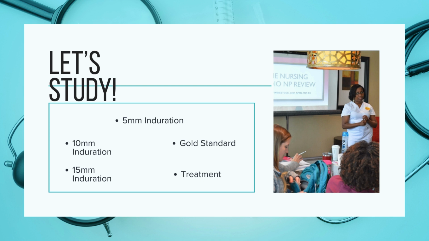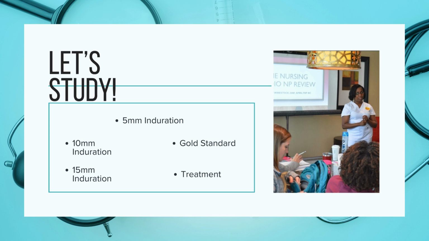So at the area where the intradermal injection was given, if you see a measurement of 5 millimeters, the people that you would consider this positive for are those in the immunocompromised population, like people who have cancer, or those who have been diagnosed with HIV.